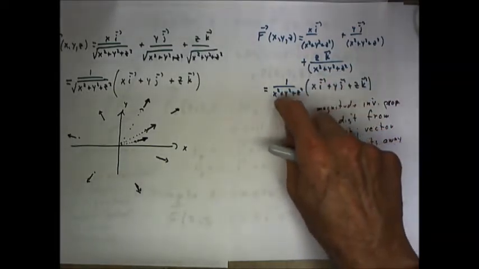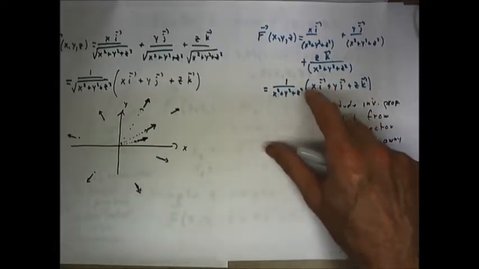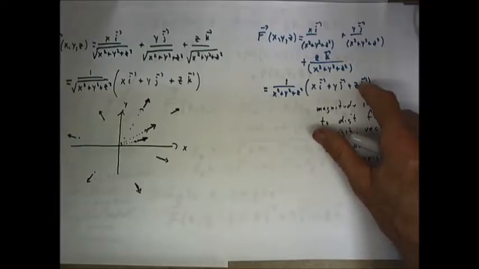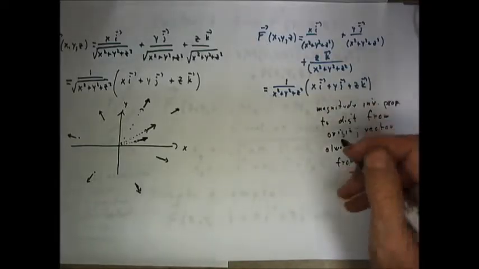This, because of course this is just a multiple of xi plus yj plus zk, which is essentially what we call our radial vector field.